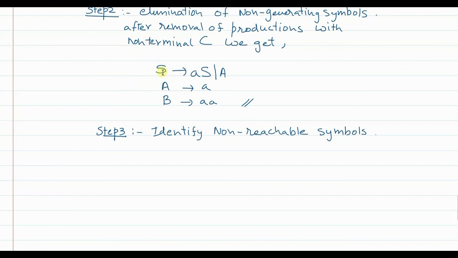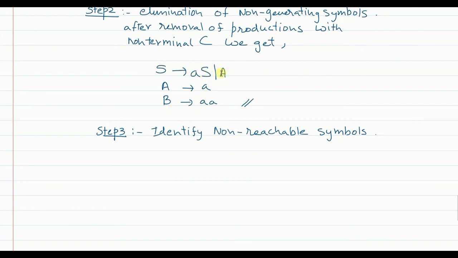Now please note here, S, which is the start symbol, has S and A on its right hand side. That means from S you can come back to S production, or at any point of time you can go to A. What you can see here is there is no way from S you can reach B. Why?